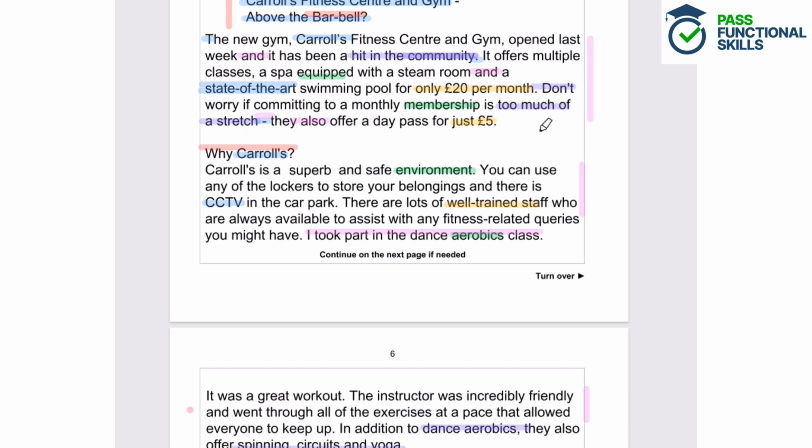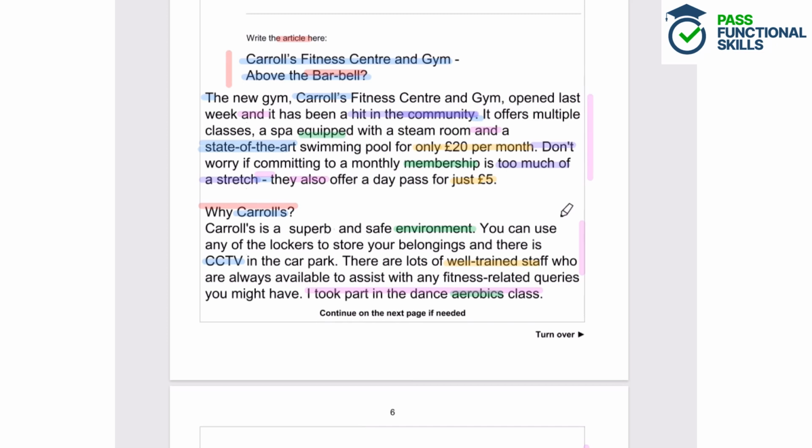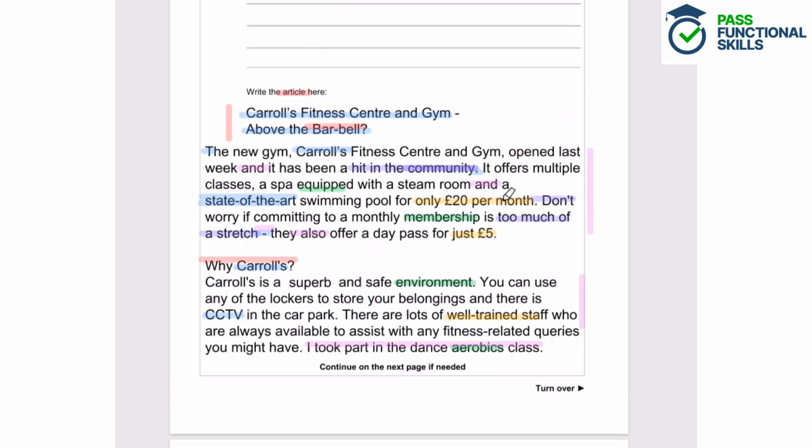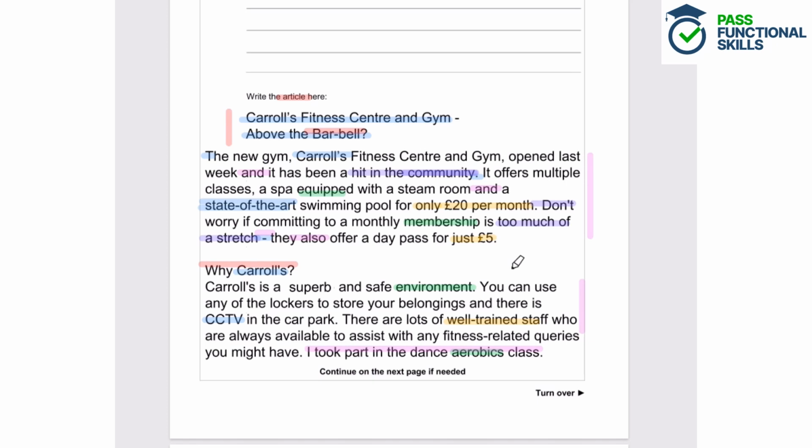We've got accurate spelling, punctuation and grammar throughout the answer, and we've used a range of punctuation effectively. The formatting is correct for an article, and although more formatting features could have been included, it's absolutely adequate for the article format here.